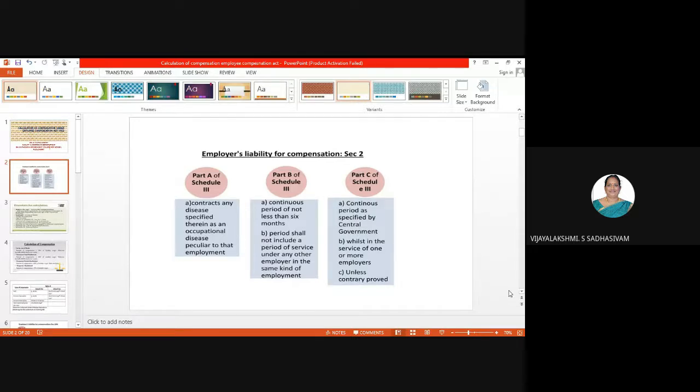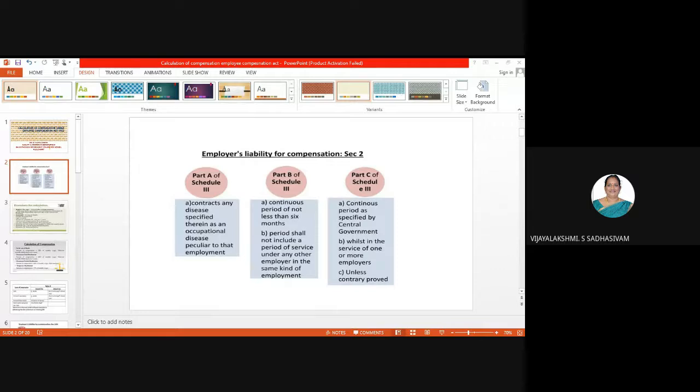So poisoning of nitrous fumes which is present in the particular factory, or organophosphorus components. In such cases, the employer is liable to pay compensation when an employee employed by him contracts such diseases. And the second case, we talk about Part B diseases.